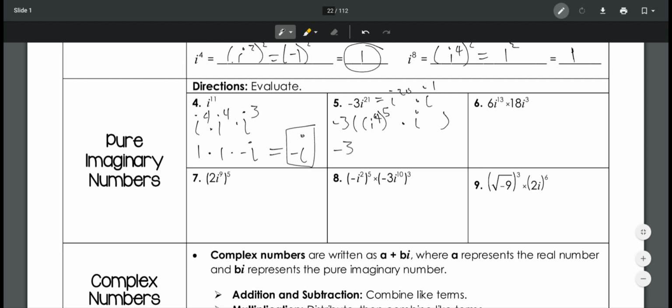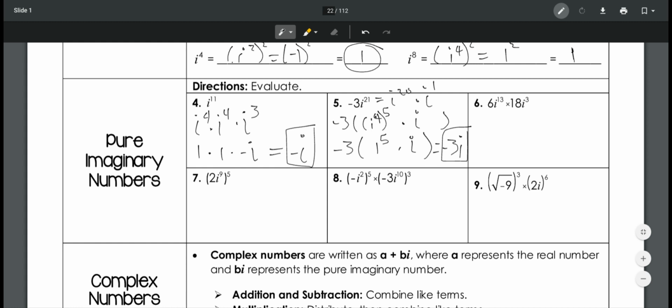Now, i to the fourth is equivalent to 1, and 1 to the 5th power stays 1, so I get -3 times 1 times i, so I get -3i. Notice that I no longer have an exponent bigger than i to the first power on my imaginary unit.